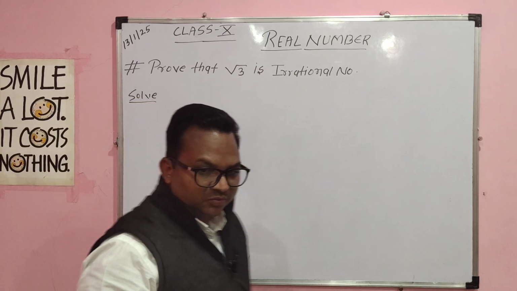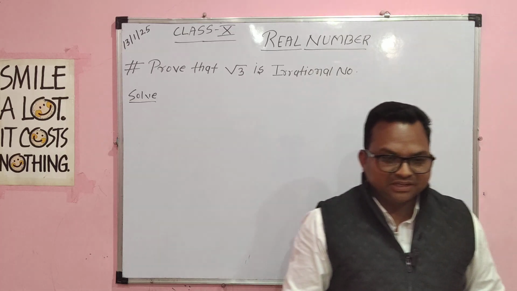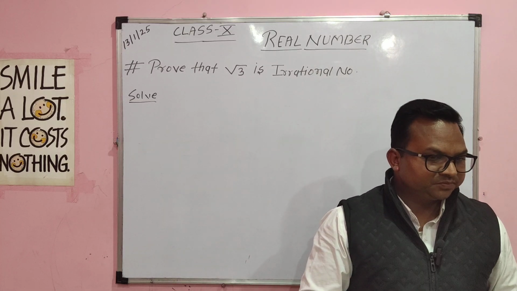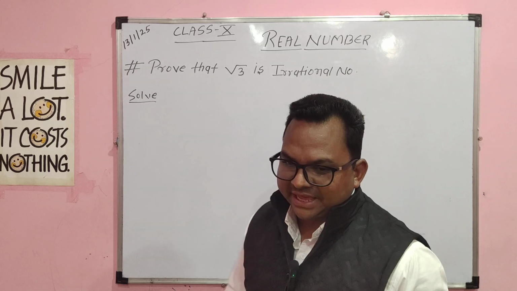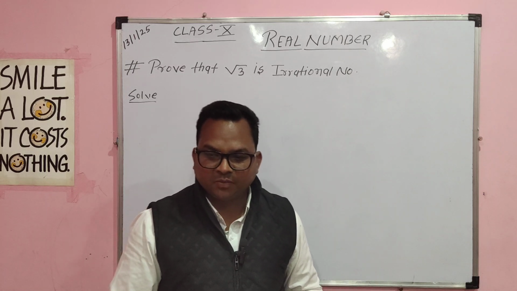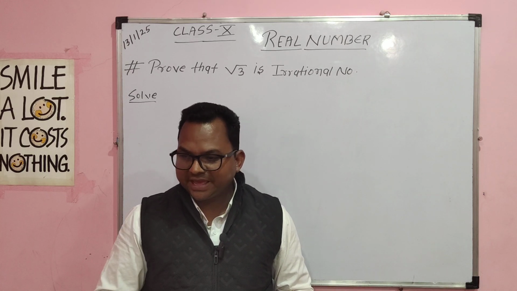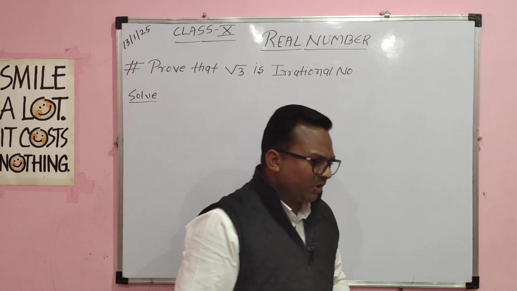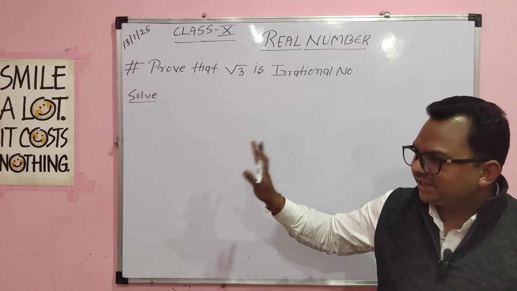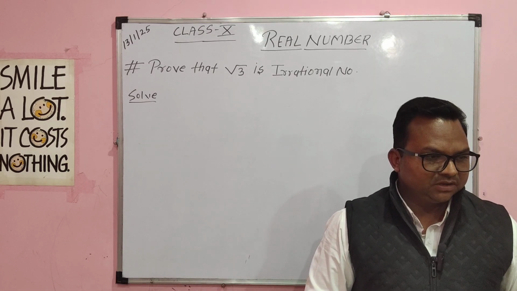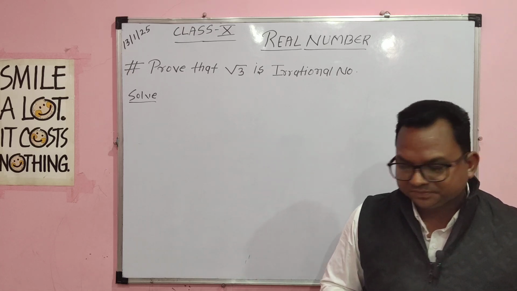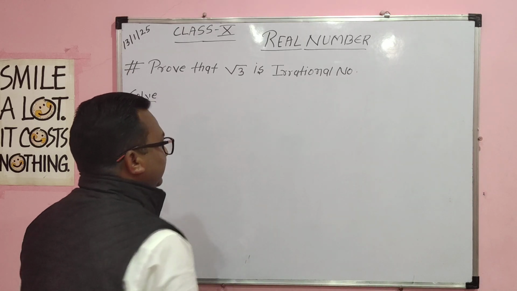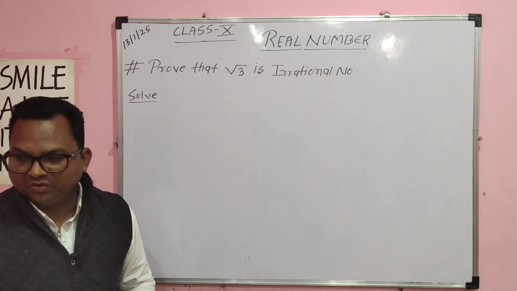Firstly, let us assume √3 is a rational number, and a rational number is a numerator upon denominator, like a upon b, p upon q, x upon y. So √3 equals a upon b, and b not equal to 0 every time.